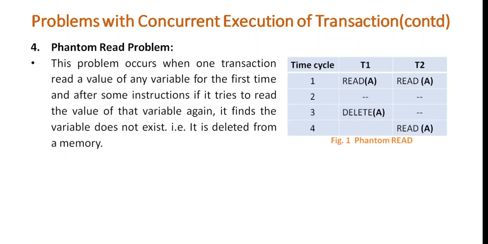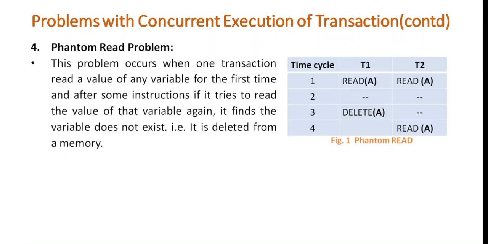Here we have two transactions, transaction T1 and transaction T2. Both are reading the value of account A at first time cycle, and at third time cycle transaction T1 is deleting the value of A. Okay, means now A item or A variable is deleted from the memory.